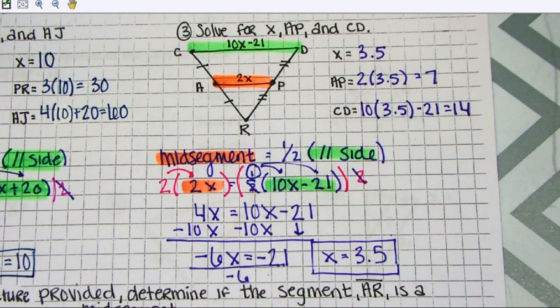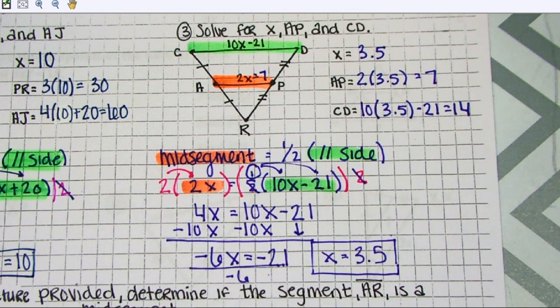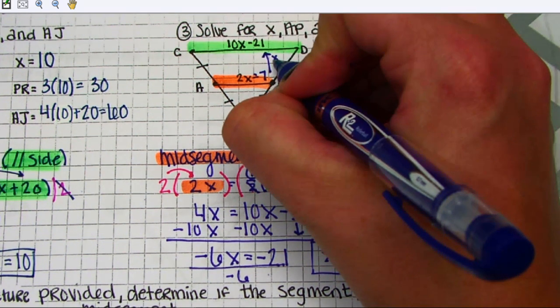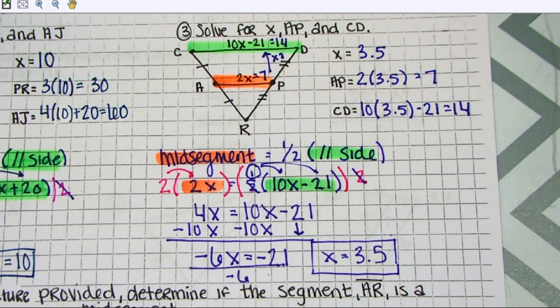Or if you know the mid-segment is 7, how can we find CD without really doing any math? Yeah, multiply by 2. We're going out. We multiply by 2, so this has to equal 14. 7 times 2. So you can plug it in, or you can multiply by 2.